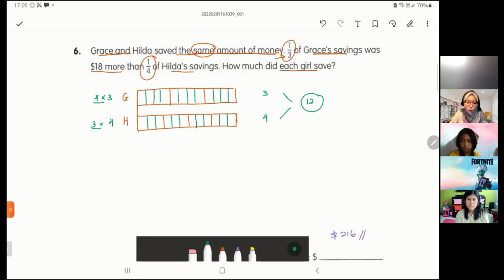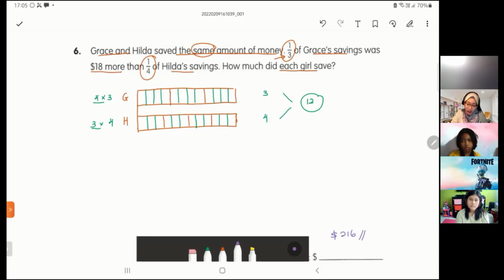Now, if you notice what happened after I cut, each of the parts are of equal size. So make sure they are quite the same. Just now I noticed that one was not the same, so make sure they are of the same size. Then we compare one part of Grace's savings versus one part of Hilda's savings.